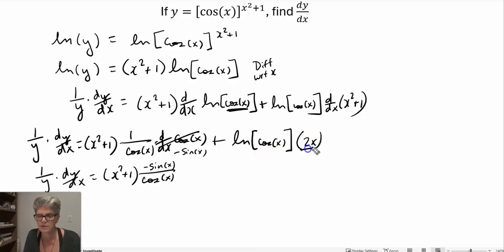Okay, and then I'm going to bring this 2x out the front. Now what am I going to do next? Sine over cosine is tangent. So I have minus sine x over cosine x, and I'm going to write that as minus tangent x.